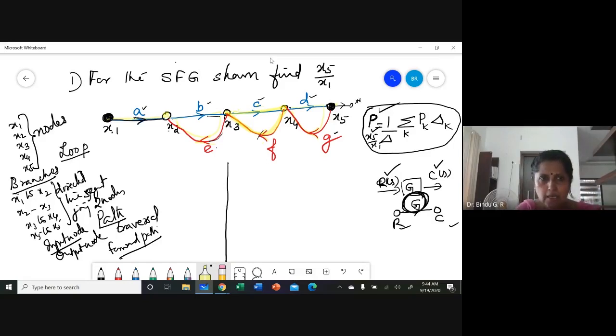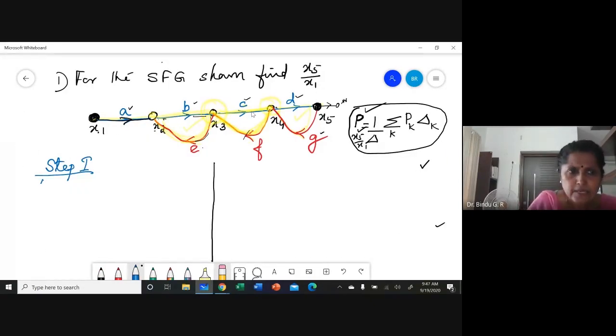Understood? Then, third, in the last definition, non-touching loops. Loops are non-touching if they do not have any common node.